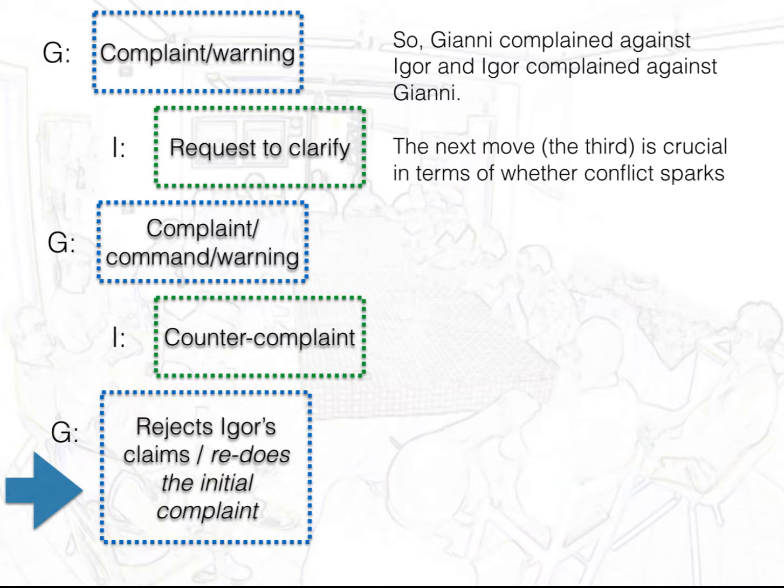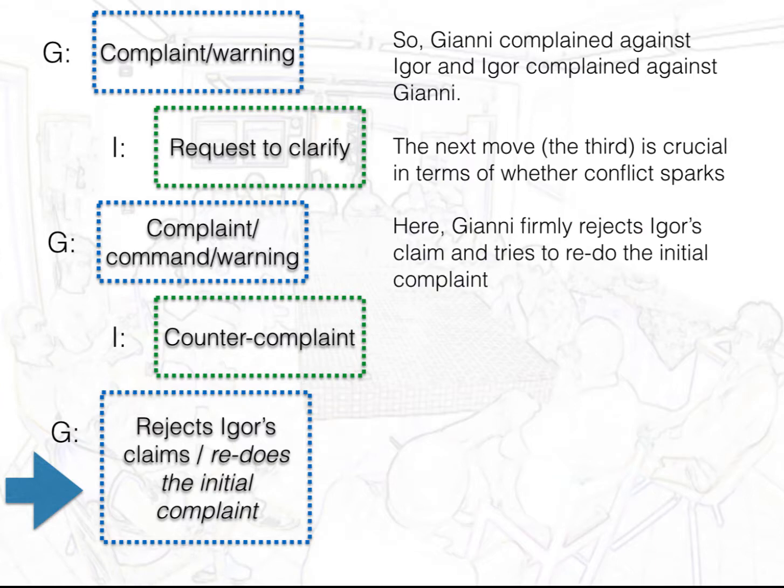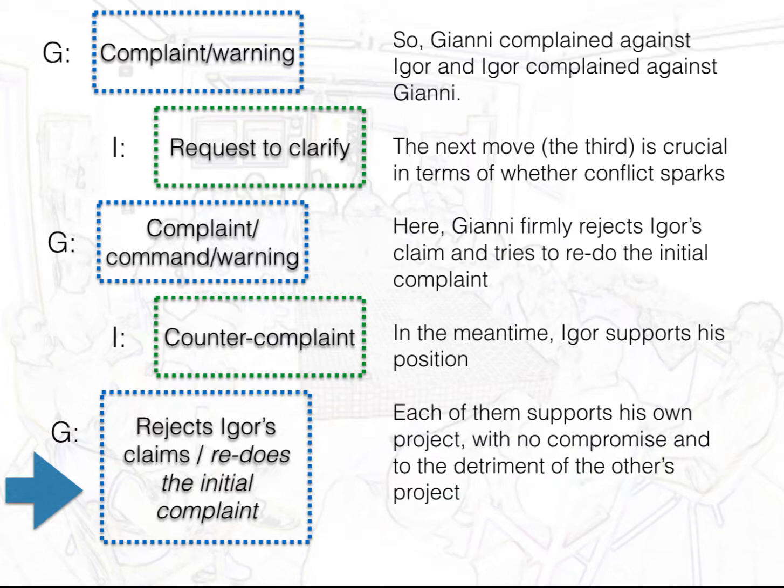But in a way, the third move, after somebody complains and the other counter complains, is really where the conflict properly starts, because we can see at that point that both people are not willing to listen to each other, as it were. The staff member rejects the client's perspective while the client tries to support his own position. So, there is no compromise in a way.